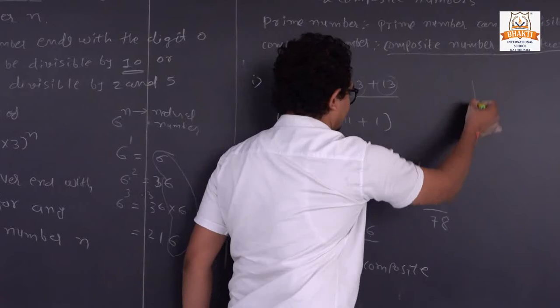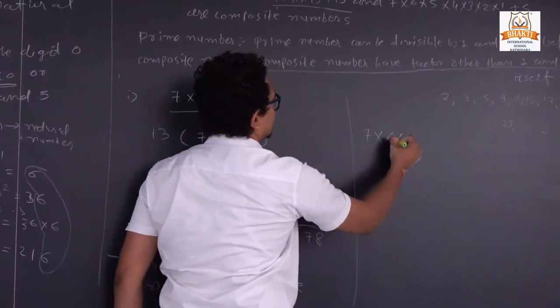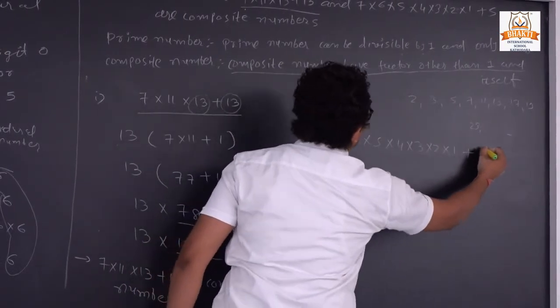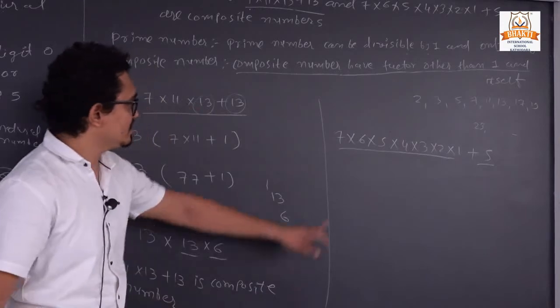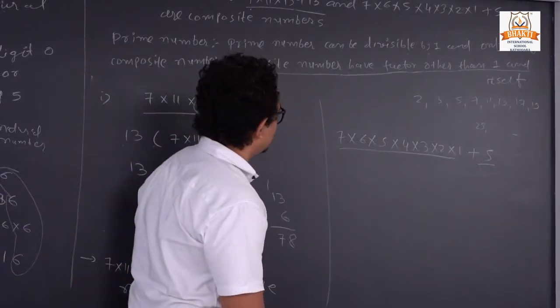Next, second. The second is given 7 into 6 into 5 into 4 into 3 into 2 into 1 plus 5. So once again we have two numbers, because these all are in multiplication, and then we have the plus sign.